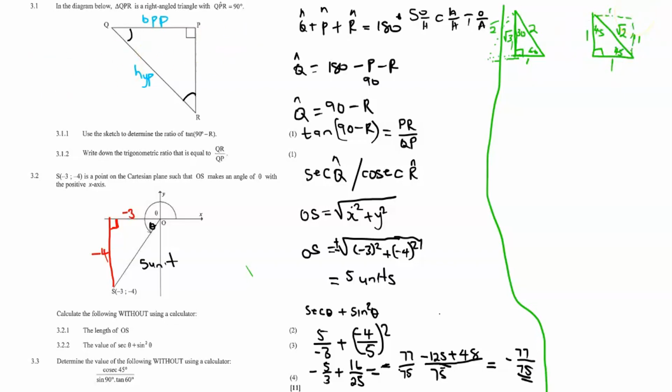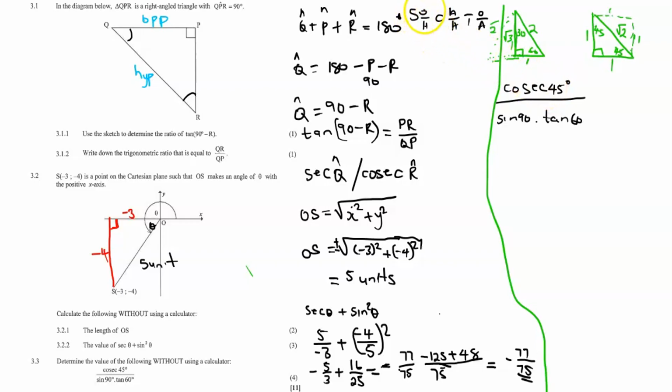Then they said you must solve for cosec 45 degrees all over sine 90 multiplied by tan 60. Now we know that cosec is the reciprocal of sine.